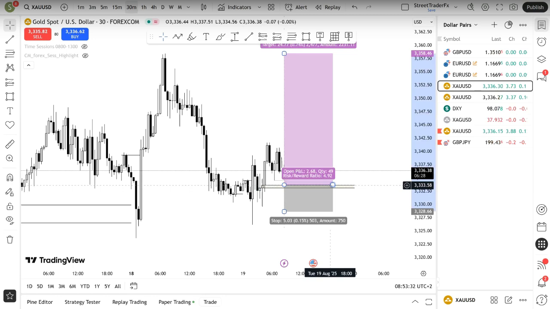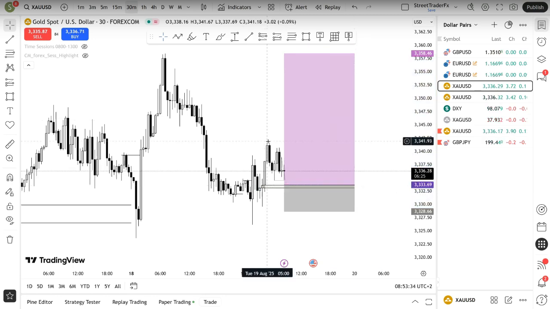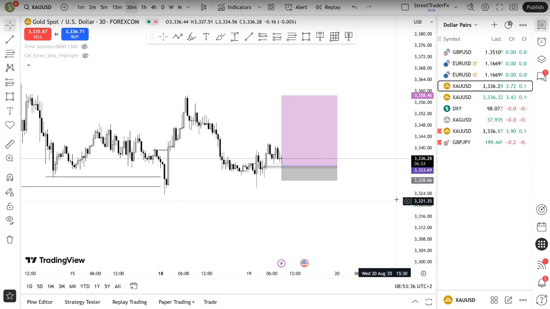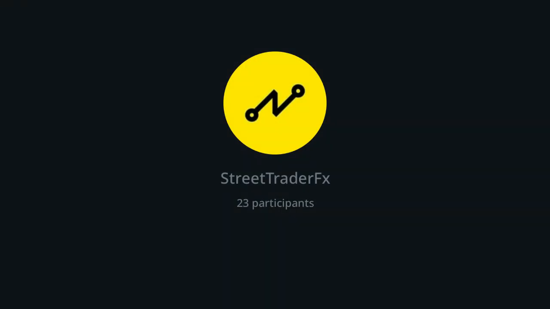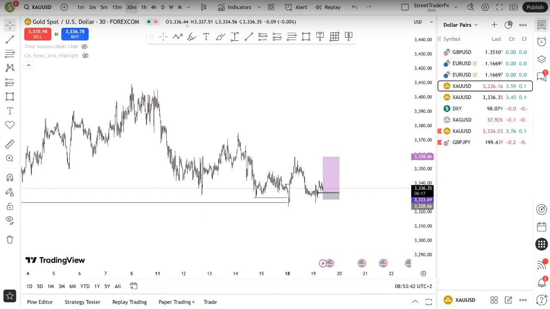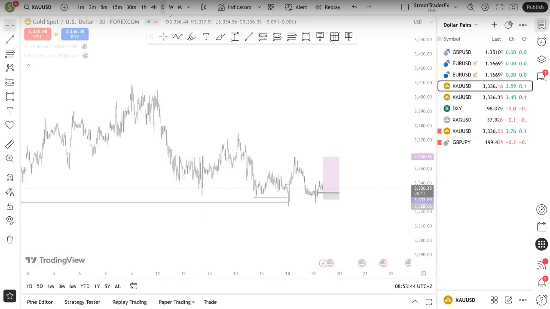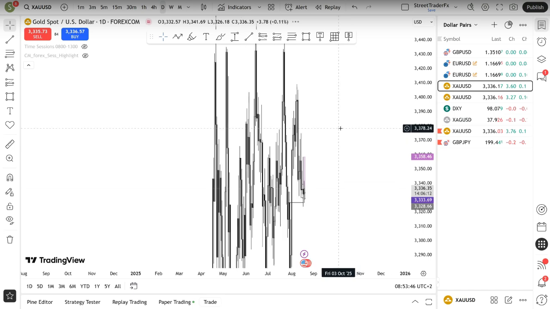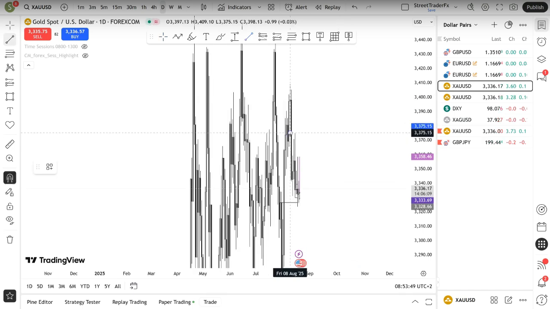Hopefully you understand the whole breakdown. Then the next target has to be the one from the daily time frame. If we go back to the daily, you'll be able to see it. I'm not really sure whether the next target would be here, and I'm not saying that it will happen.